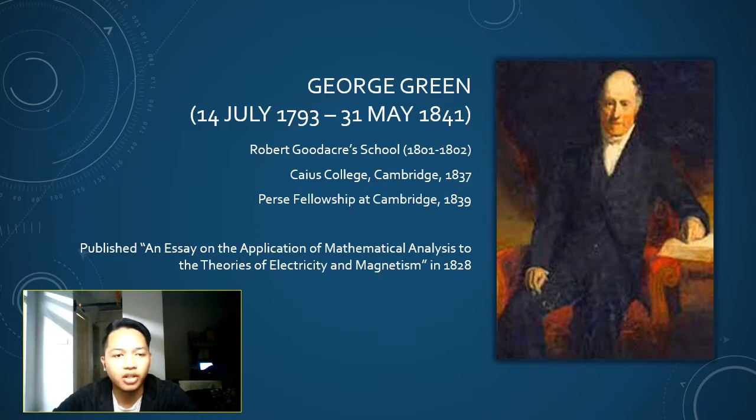The only education that he got is he went to Robert Goodacre's school in 1801 for one year, and later, after he published a few papers, he went to Caius College, Cambridge in 1837 and graduated in 1839. After his graduation, he was offered a fellowship at the college.